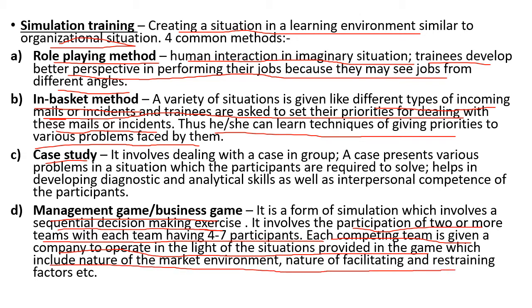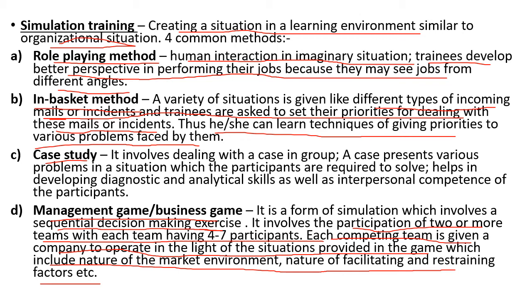Okay, suppose there are two teams and one team is given a company and they are asked to operate in a situation like there is inflation or there is COVID-19 right now, like what is happening right now. How will you operate this? How can the operations of the company be made more effective in the light of this scenario like inflation, COVID-19?